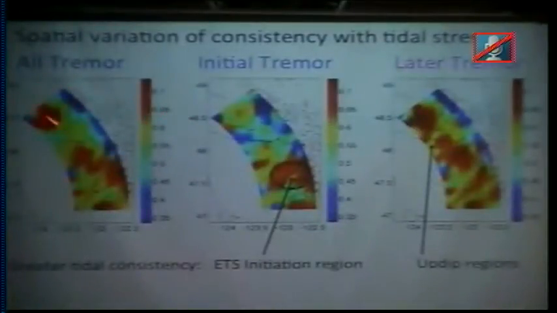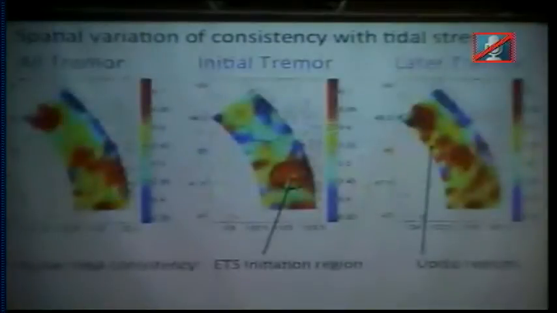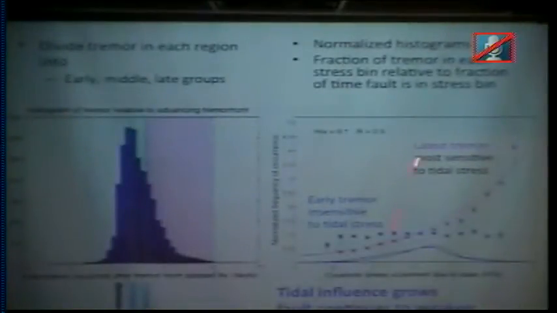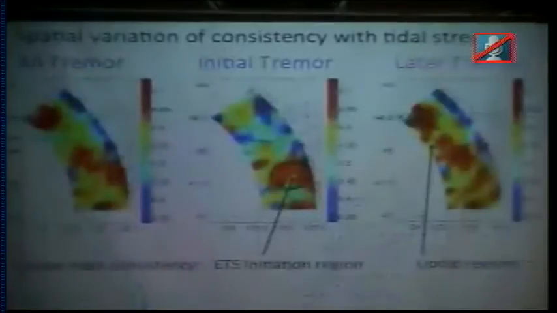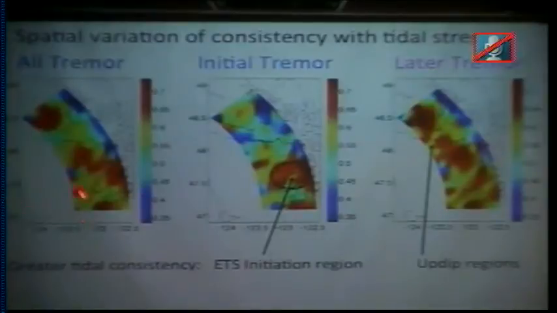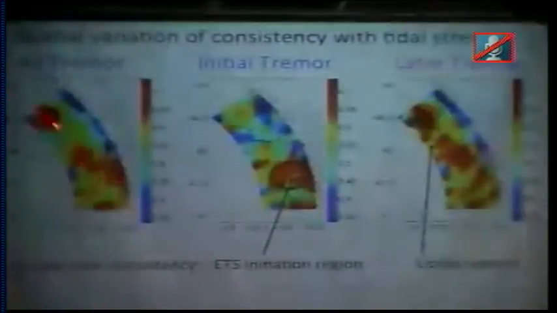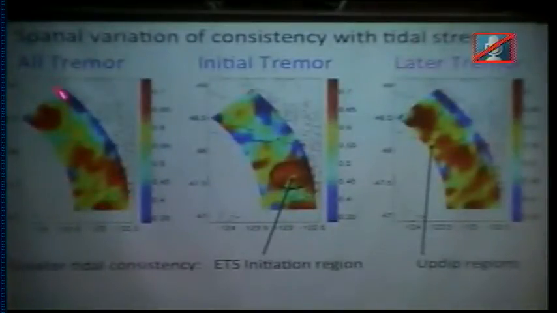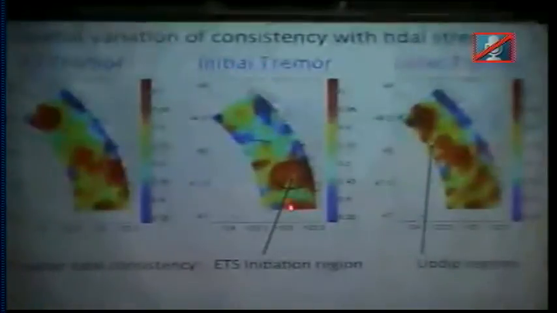These are maps of tremor that happened when the tidal stress was positive, just positive, any positive value over here. So we'll just divide it in 2 pieces. And I need to do that so that I can get good enough numbers to compare this spatial variation.